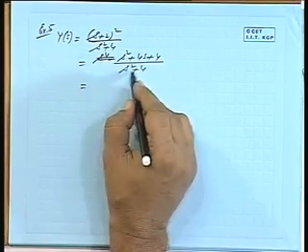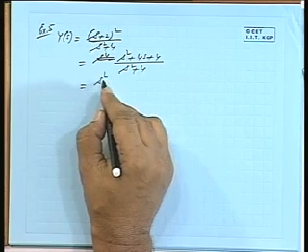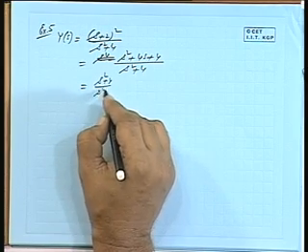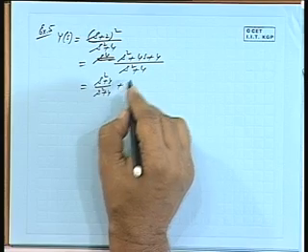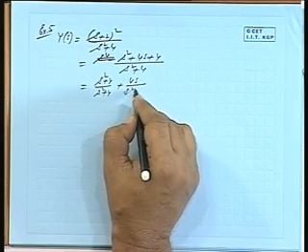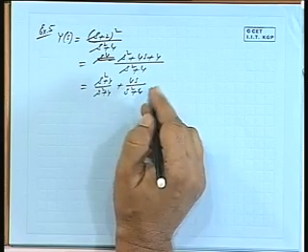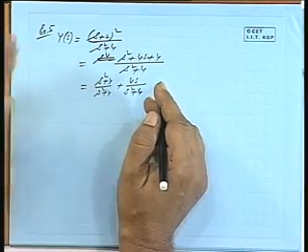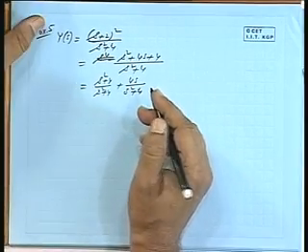Now s squared plus 4, if I take out, it is (s squared plus 4 plus 4s) by (s squared plus 4). Every time I need not go for that m1 m2 minus n1 n2. If there are simple shortcuts, I will adopt that.